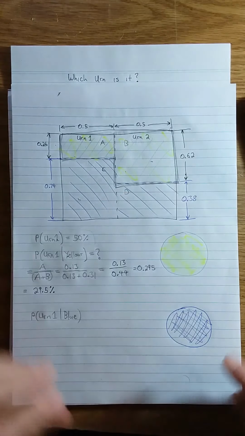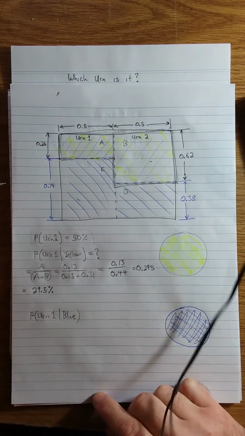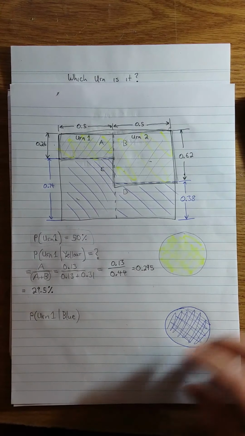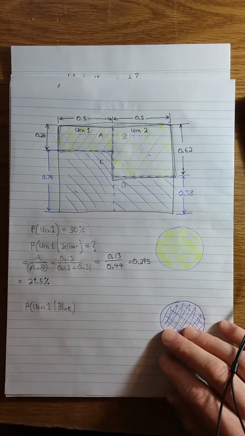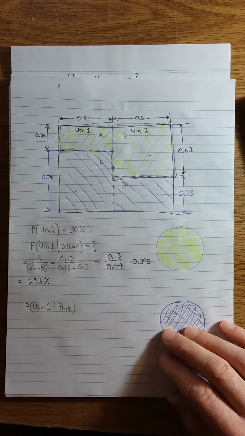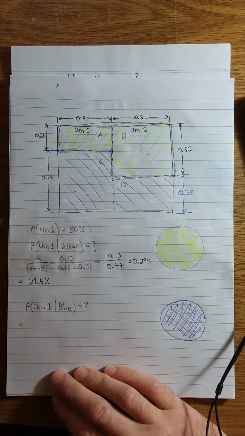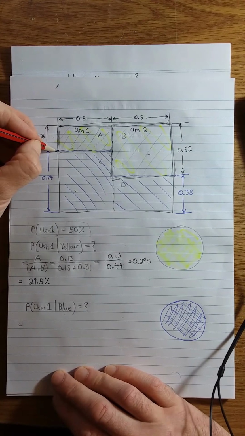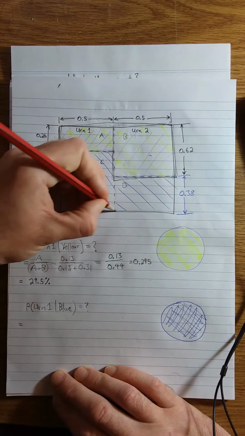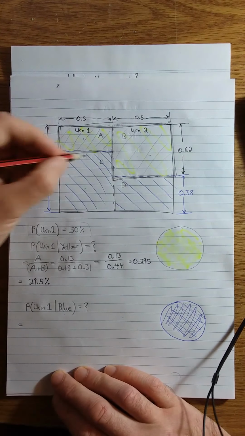We're going to pretend our first ball was a blue ball. So what if we had drawn a blue ball as our first piece of evidence? Well, we're interested in this area. What is the probability that we ended up here?